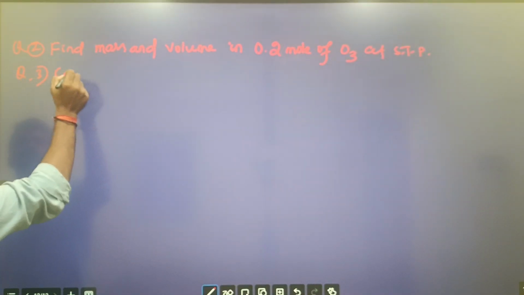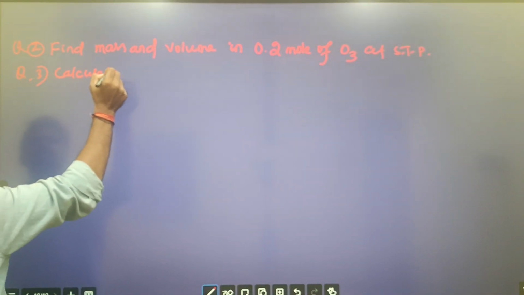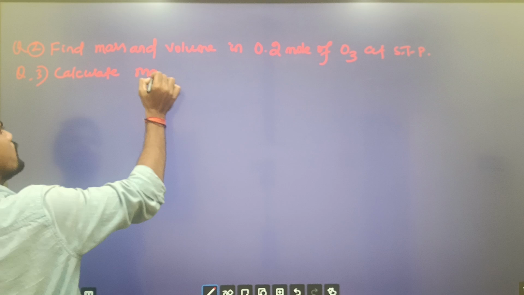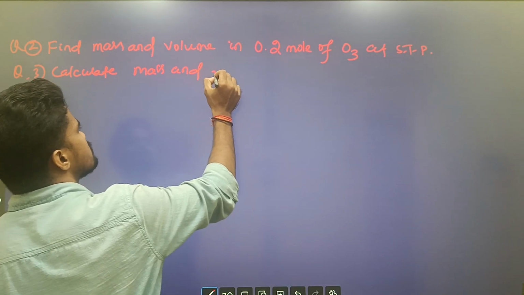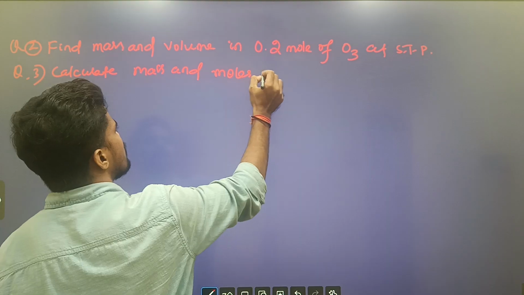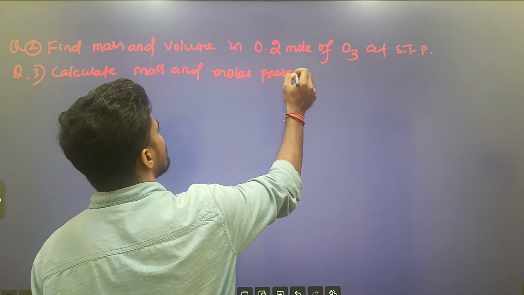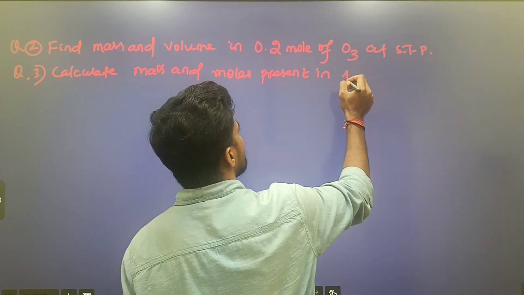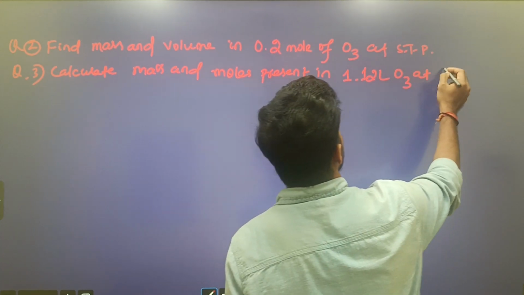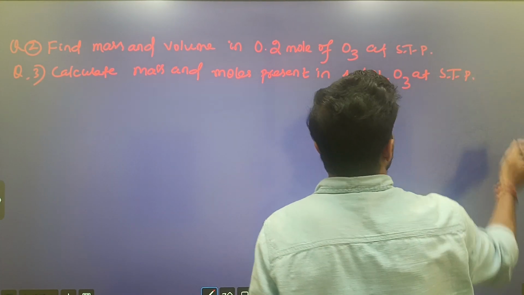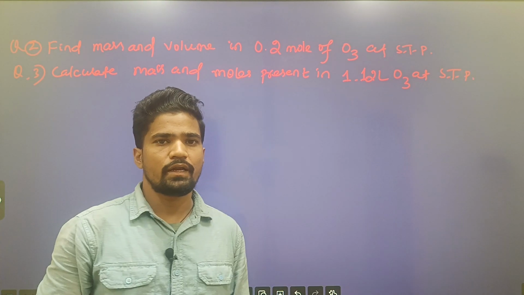Question number 3: calculate mass and moles present in 1.12 liter ozone at STP. Okay, now pause the video and calculate.